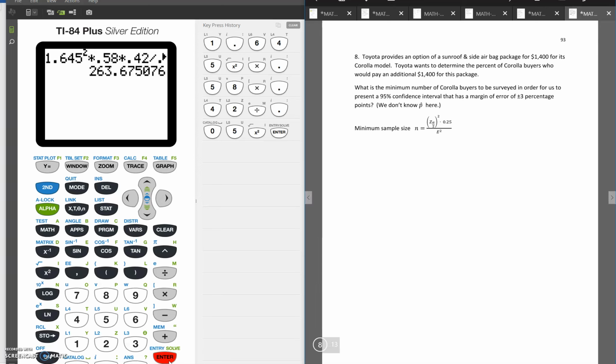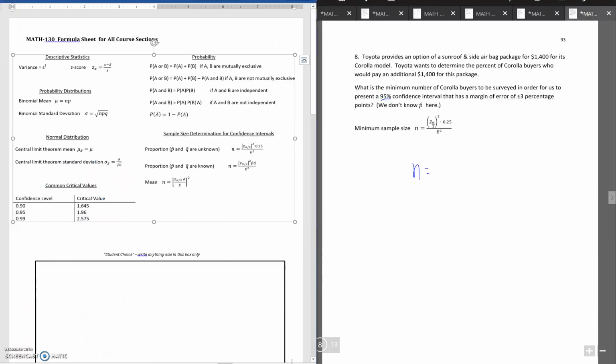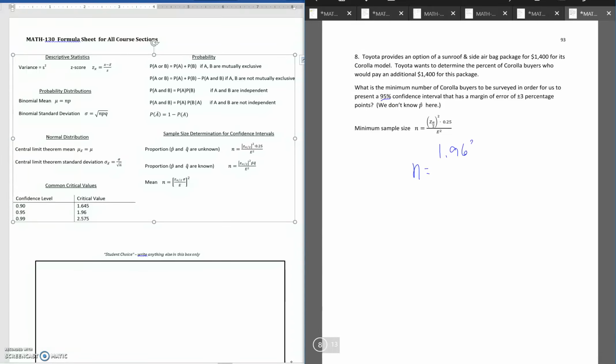So here's our formula. For the Z alpha over 2, we want to use a 95% confidence level. Remember, those critical values are on our formula sheet. So we'll be using 1.96. So 1.96 squared times 0.25. And we want it to be within 3 percentage points, so 0.03 squared.